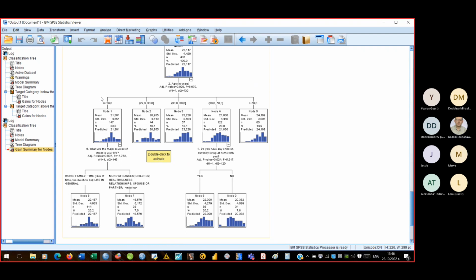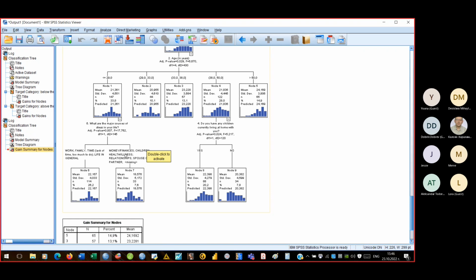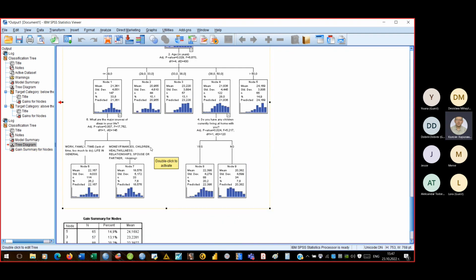First, age less than or equal to 29 years, and after that, a major source of stress. And here we have major sources: money or finances, children, health or illness, relationships, spouse or partner, and missing.